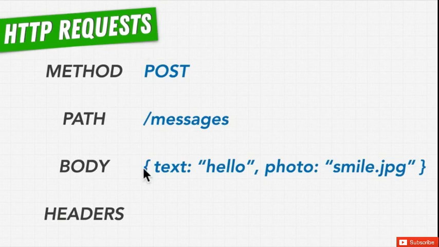So things like the size of the data that you're sending, or any authentication information that you need to send so that the server knows that you're allowed to perform that operation with your user. These are optional depending on your use case, but there's one header that every single request needs to have.